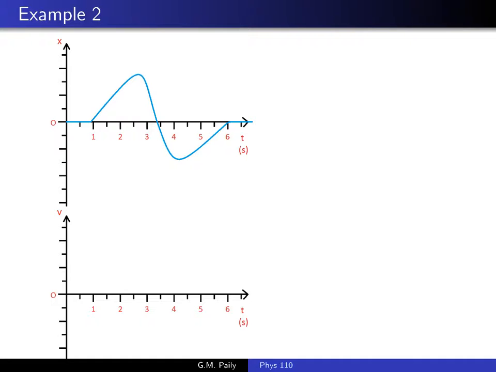For example, we see that at this point, the slope goes from 0 to something positive. At this point, the graph reaches a maximum. At this point, the graph reaches 0. At this point, the graph reaches a minimum. And at this point, the slope changes back to 0 again.